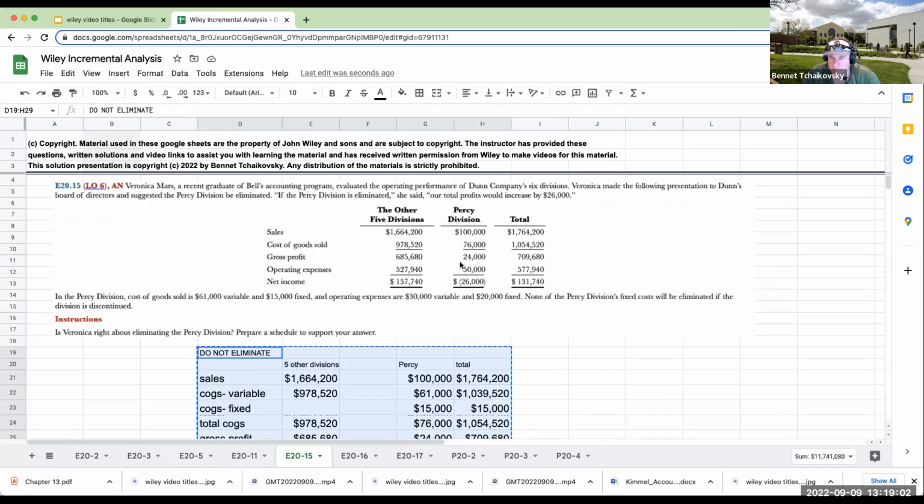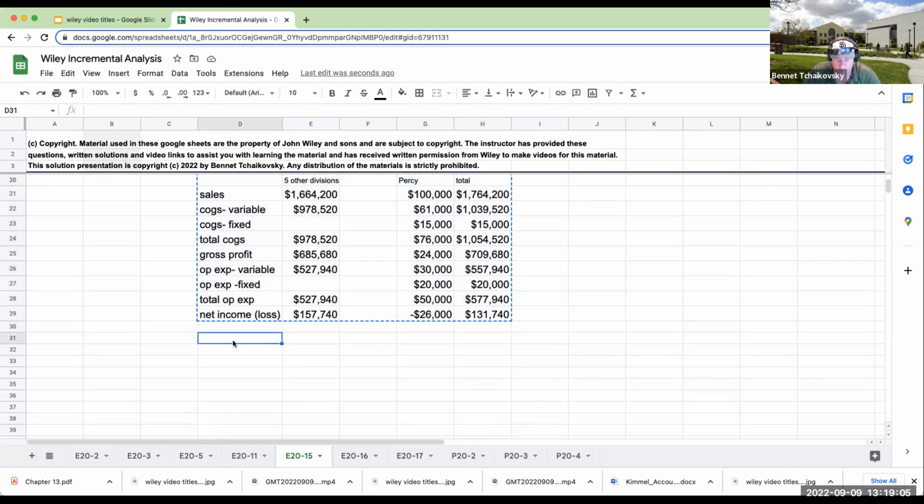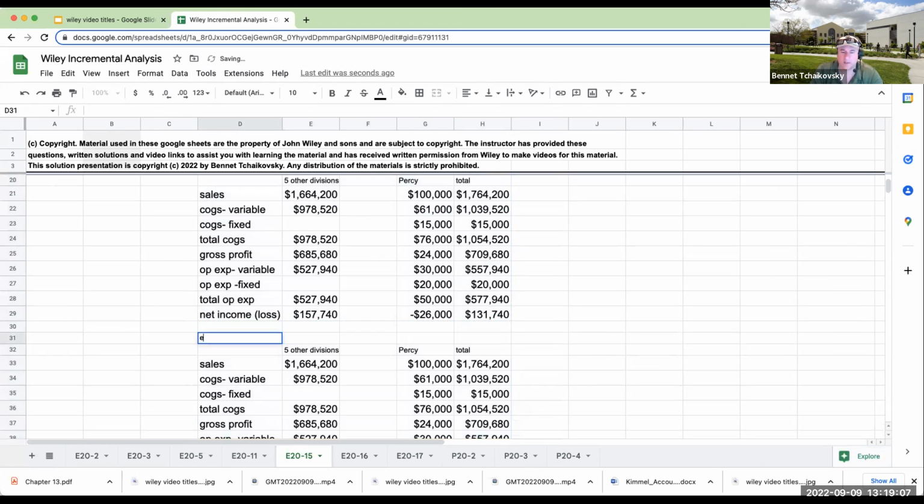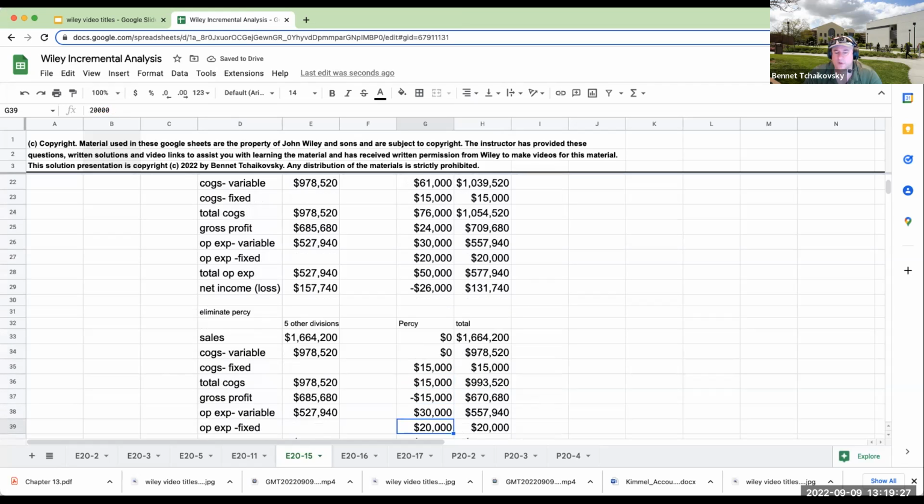Why am I doing this? Because right now, if we eliminate Percy, what happens to the numbers? Well, if I eliminate Percy, the sales are going to go away. Also, the cost of goods sold variable is going to go away, because if we're not producing anything, the variable goes away. My operating expenses variable will also go away, so this basically goes to 0.